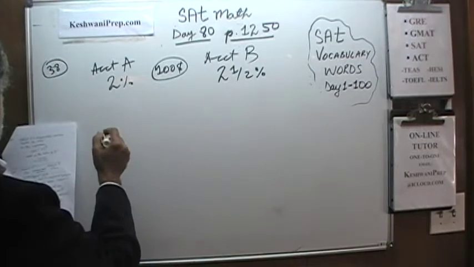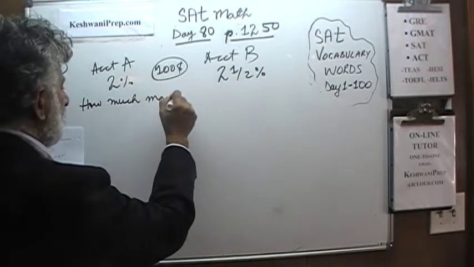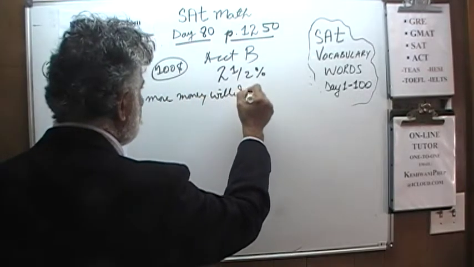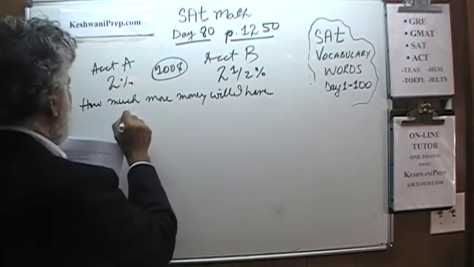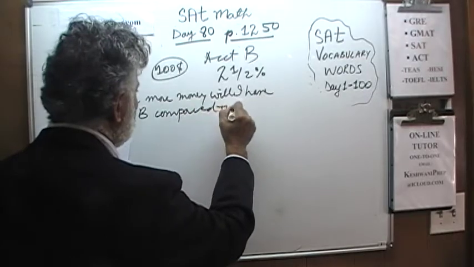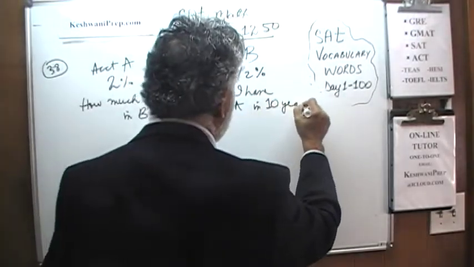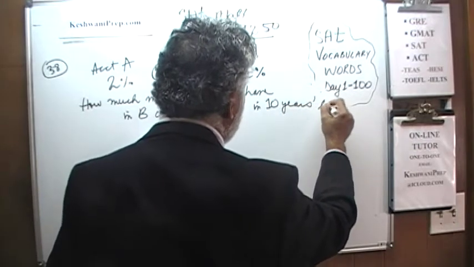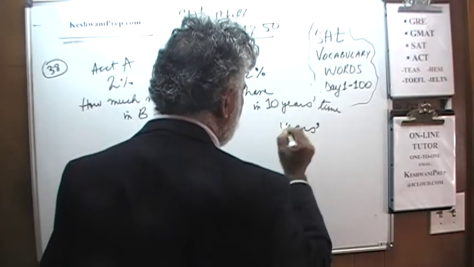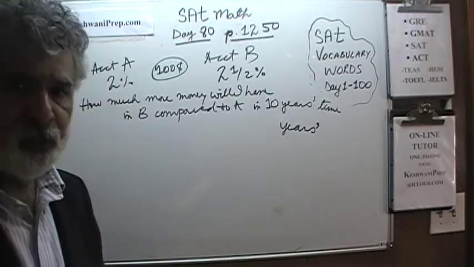The question simply is, how much more money will I have in B compared to A in 10 years' time? Notice 10 years' time, the apostrophe goes after the S, not before the S, because it's plural. Let's do this, shall we?